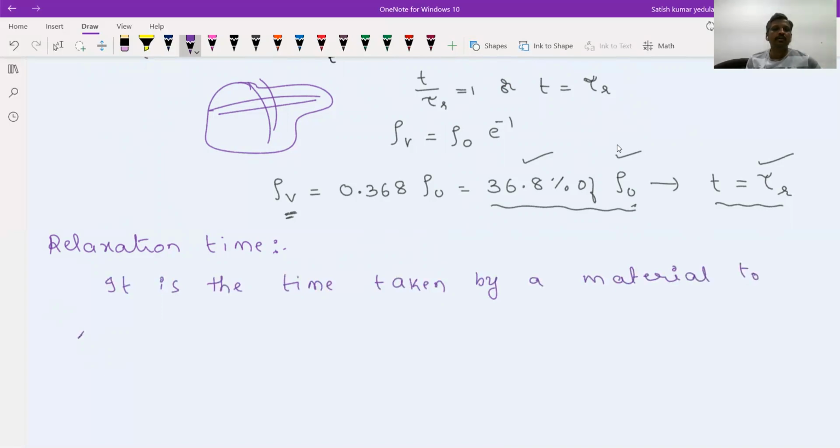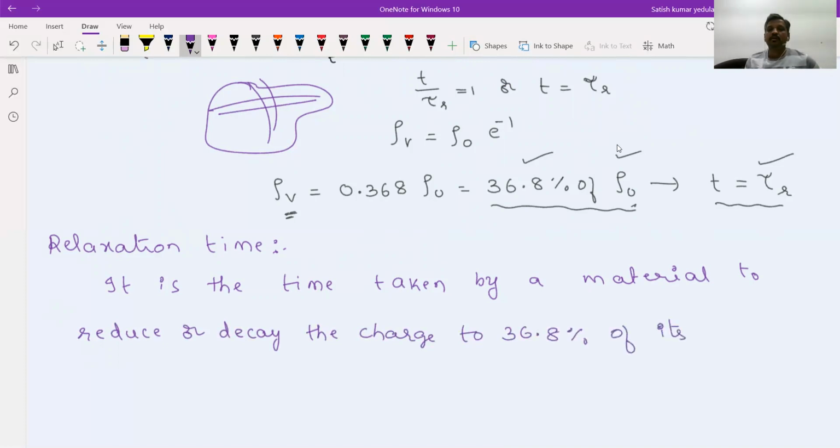to reduce or decay the charge to 36.8 percentage of its initial charge.